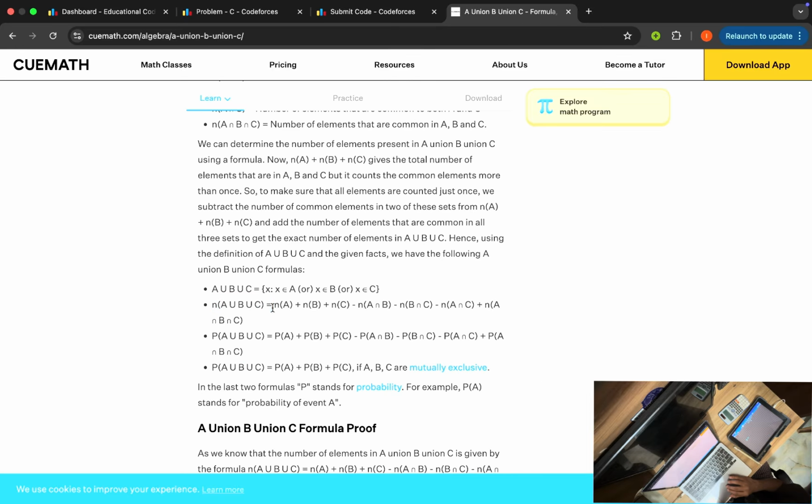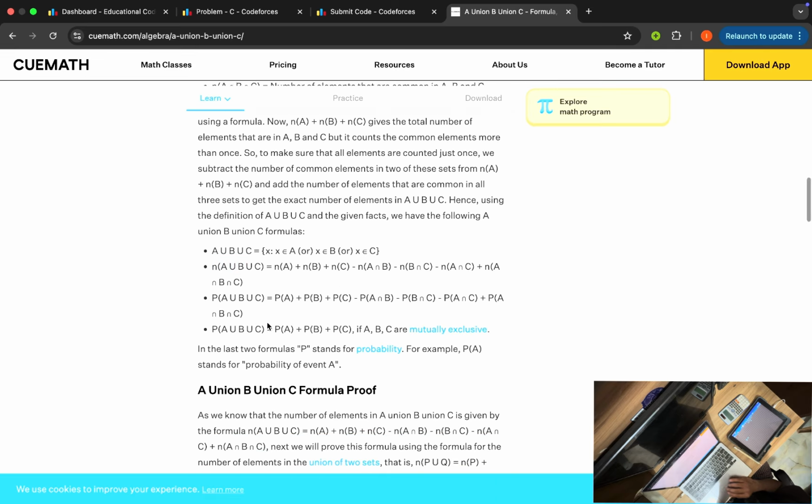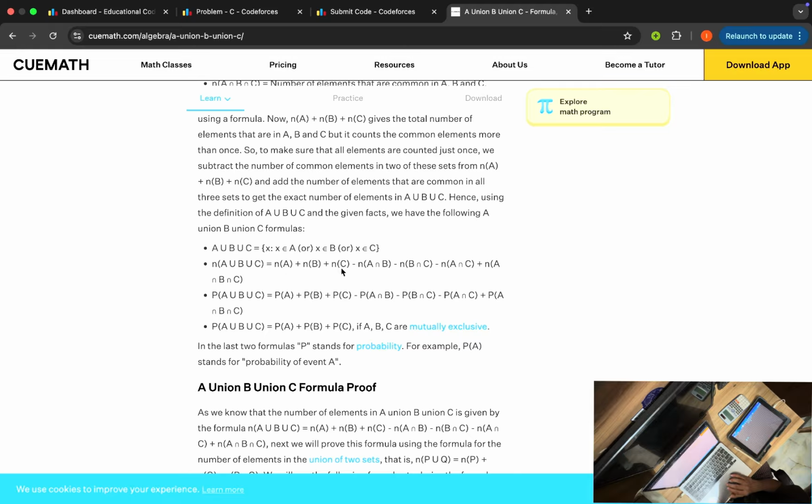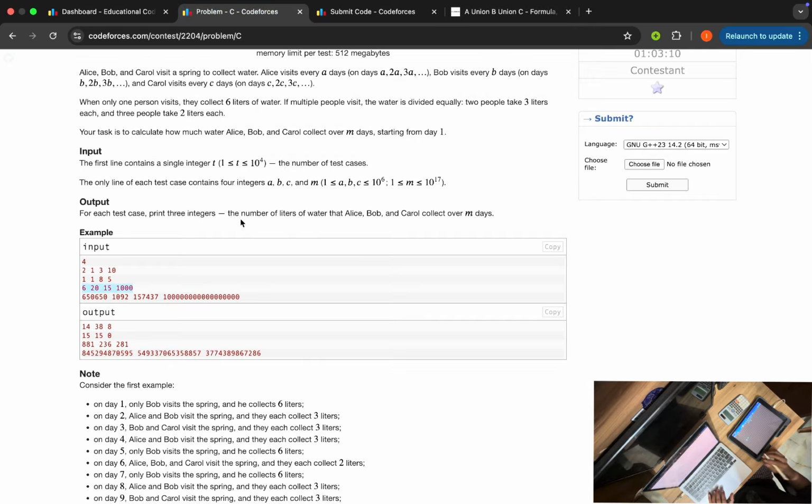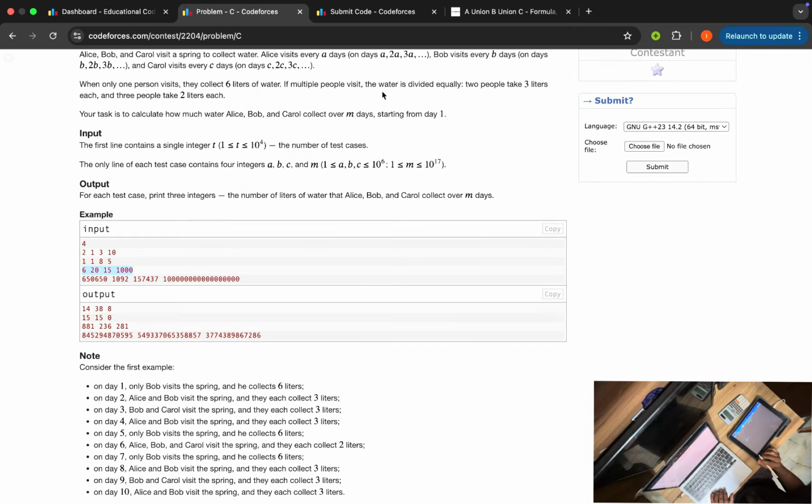A, B, C. I got A. Total elements in all. It's not proper, it will not work.